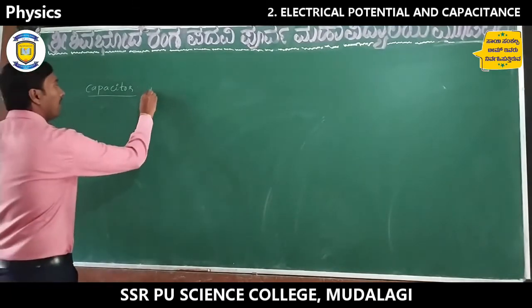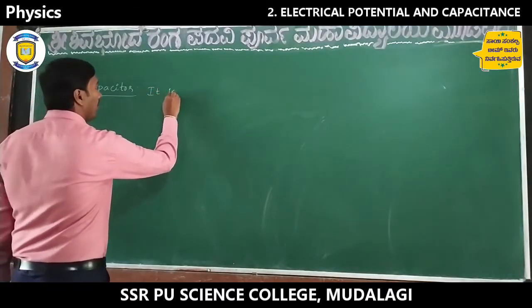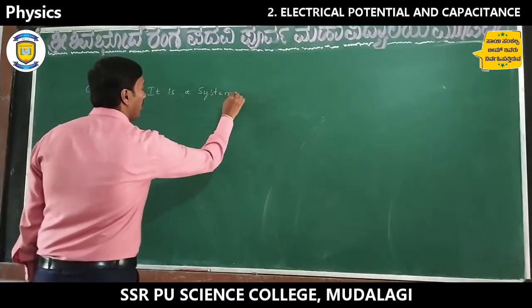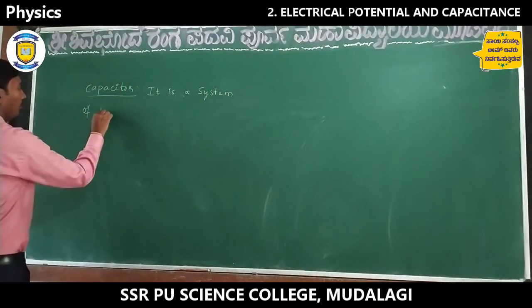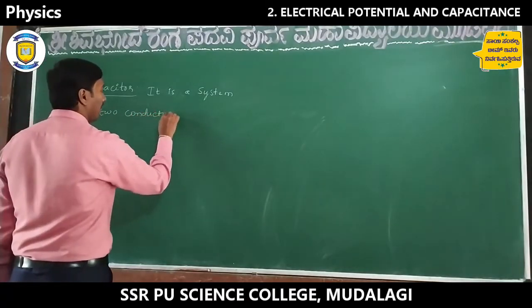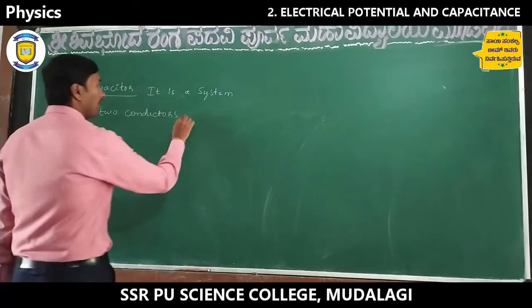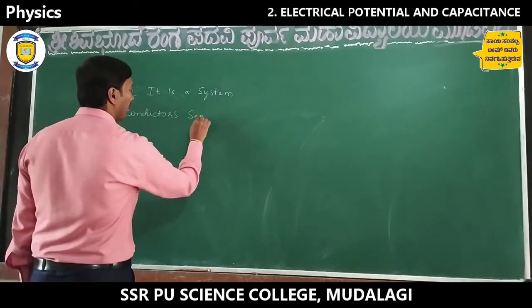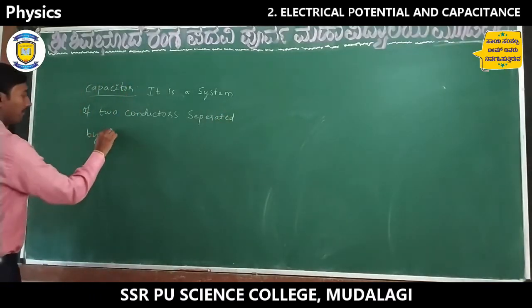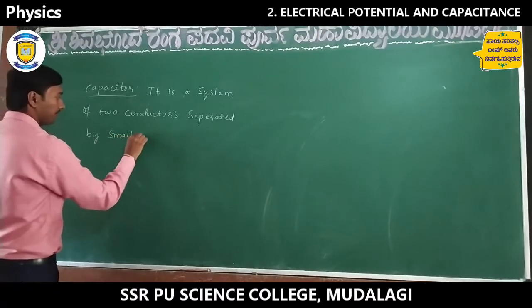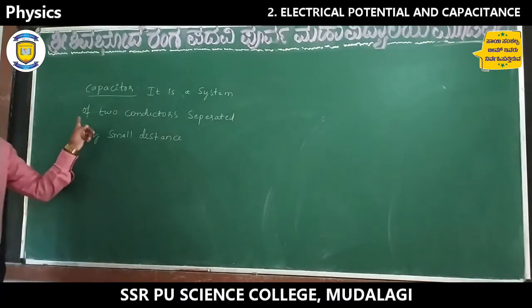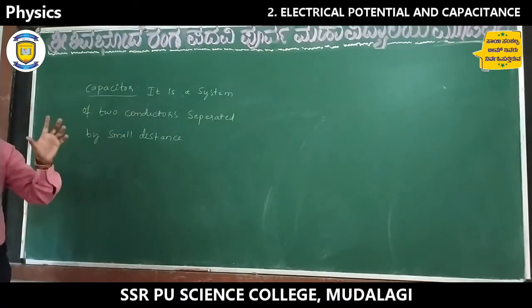It is a system of two conductors separated by a small distance. Okay, this is a system of two conductors separated by a small distance.